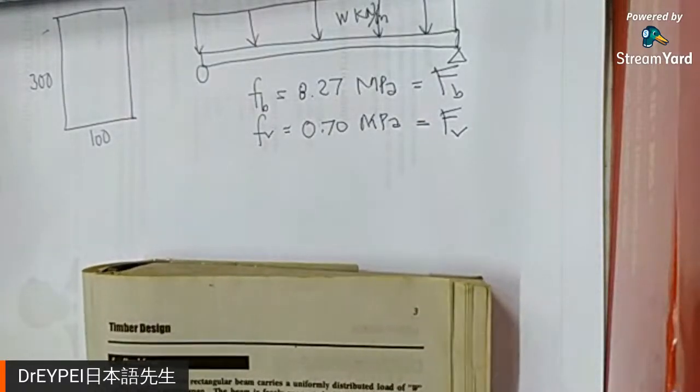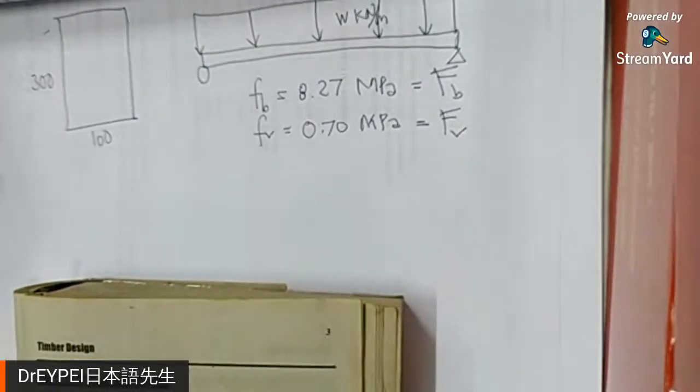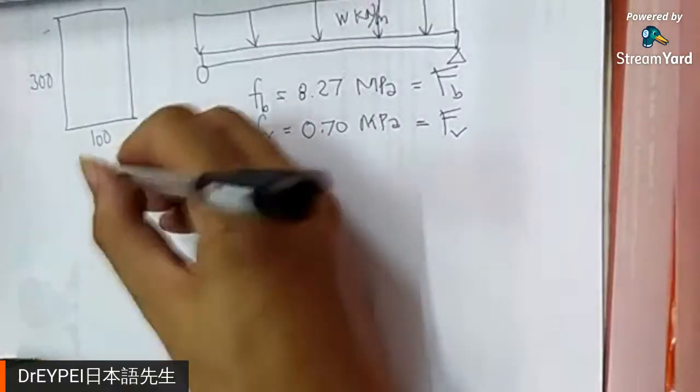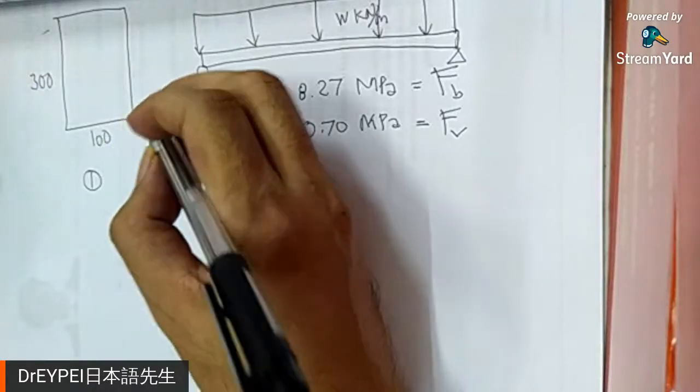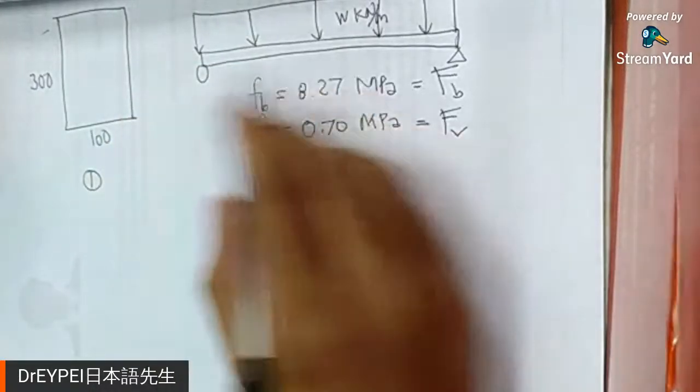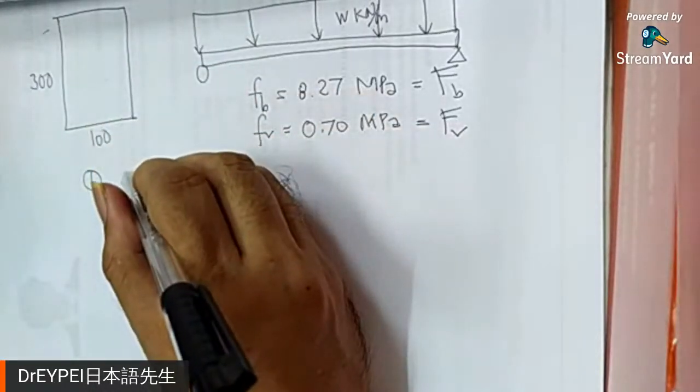Now, ang tanong, alam naman natin: which of the following gives the value of maximum vertical shear? Number 1, maximum vertical shear. Ay rectangle to. So, anong formula?